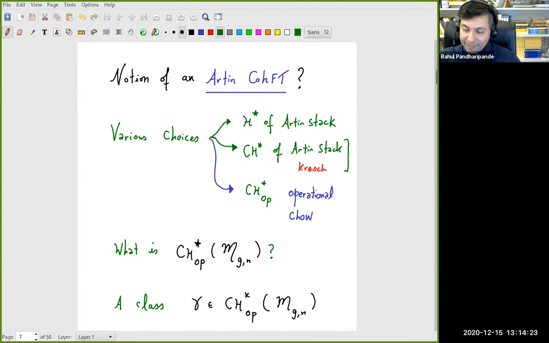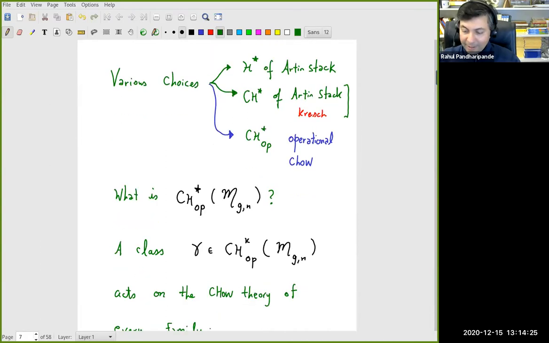So maybe I tell you to start with how to think about this operational Chow, and it's also the way I think about cohomology. I take a kind of naive view of all of this. As I said, there is a sophisticated view, this construction of Kresch, and then there's a question about comparing this sophisticated view to the naive view, and those are all questions which, as far as I can tell, are not completely settled.